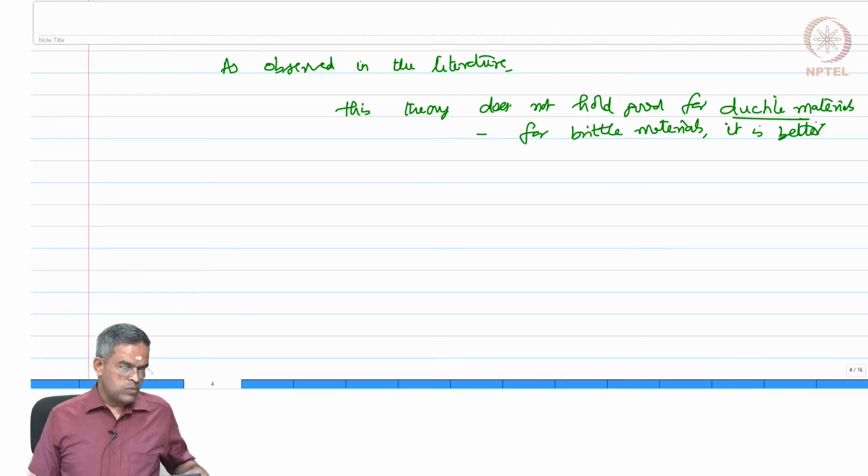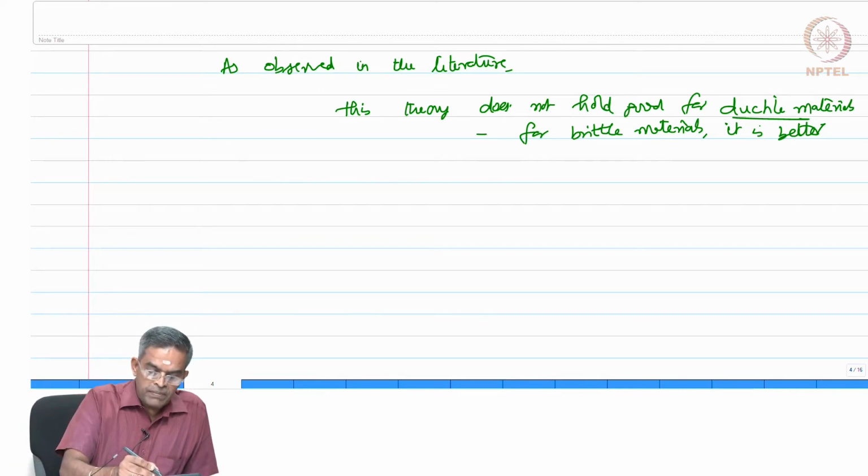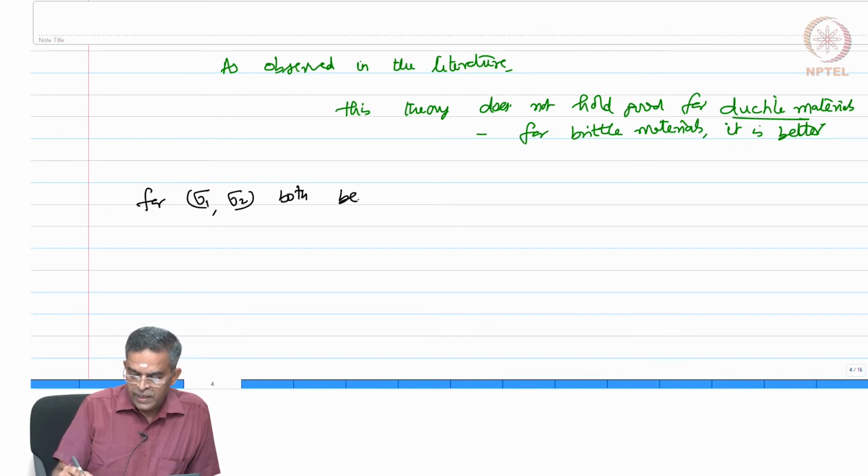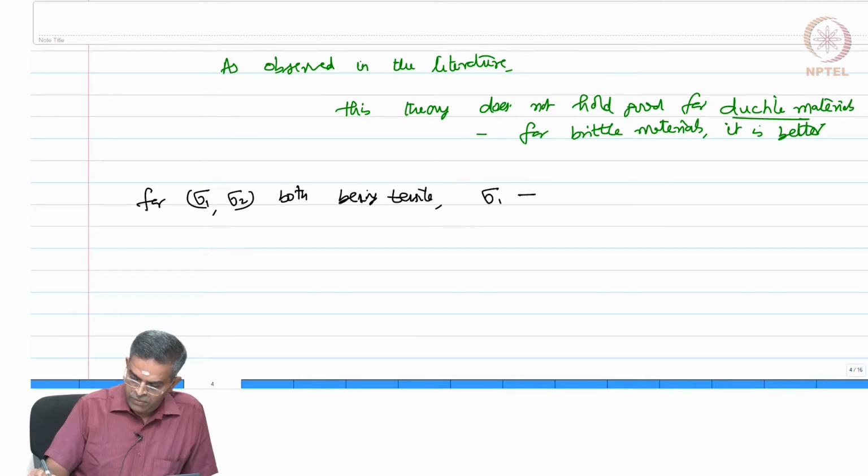So, let us try to plot this theory graphically. You must understand one important statement: for sigma 1 and sigma 2 both being tensile, sigma 1 can even go higher than sigma yp.